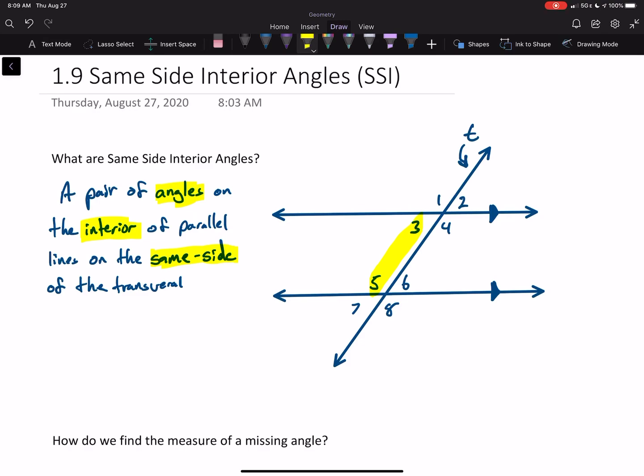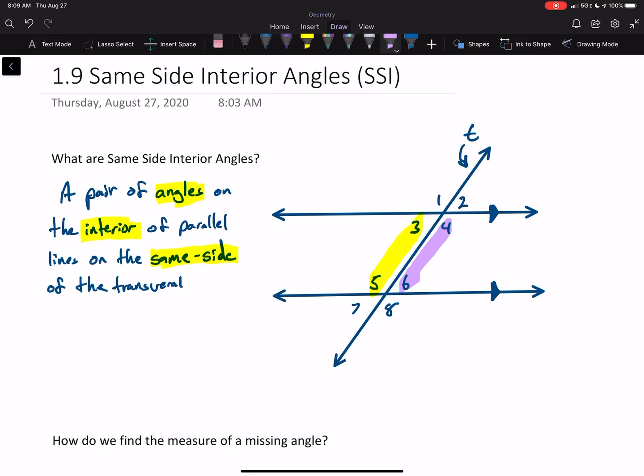They're on the left-hand side, both of them, of the transversal. Likewise, 4 and 6 are going to be another pair of same side interior angles. Okay, so 4 and 6 are both interior angles of the parallel lines, and then they are also on the same side, the right-hand side of the transversal.